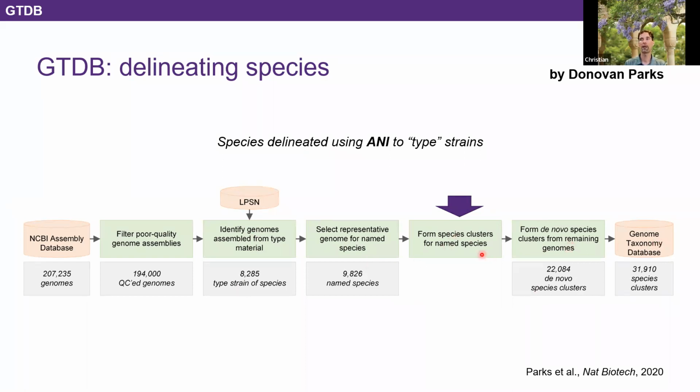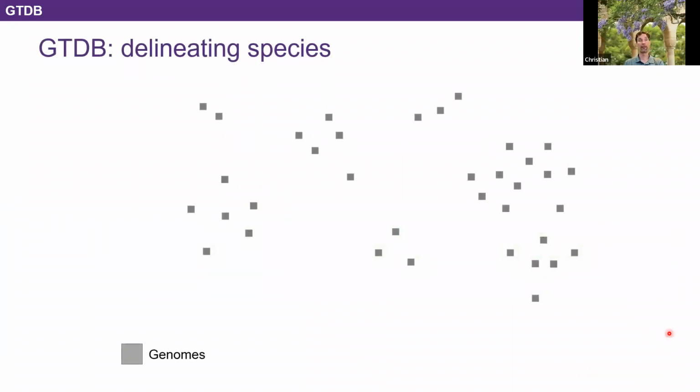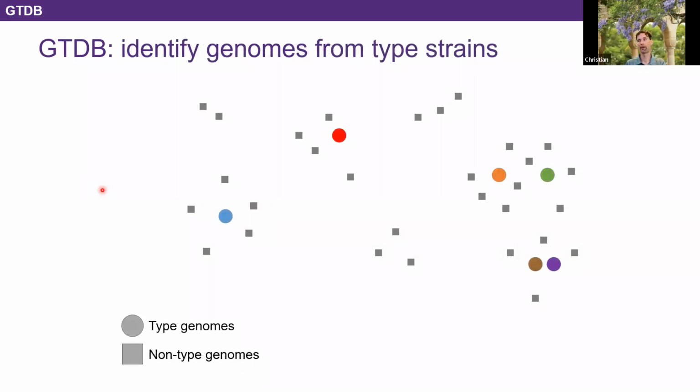Now, how do we actually form species clusters from ANI? Let's have a look at that. As I mentioned, it is based on average nucleotide identity, ANI. We calculate those for the genomes in the GDP, and then they cluster based on ANI. Now, the first thing we have to do is find out what is the type material. In that case, what are the type genomes, the genomes of the type strain.